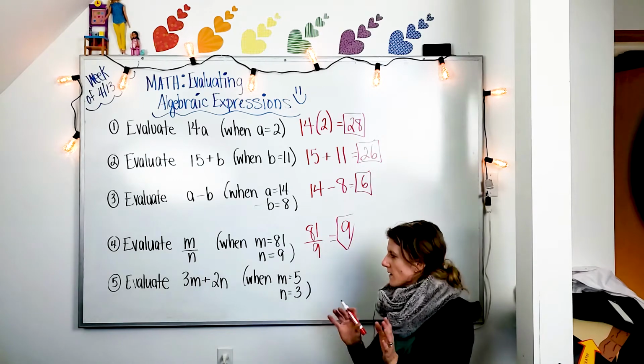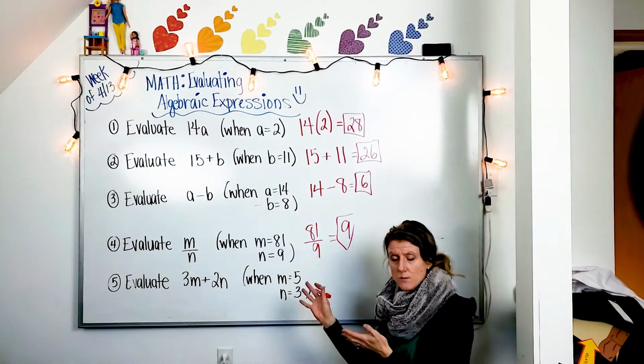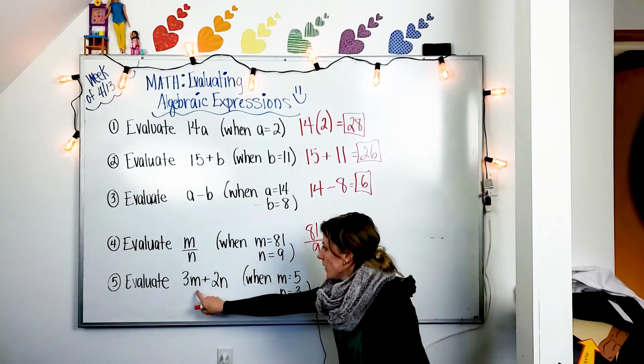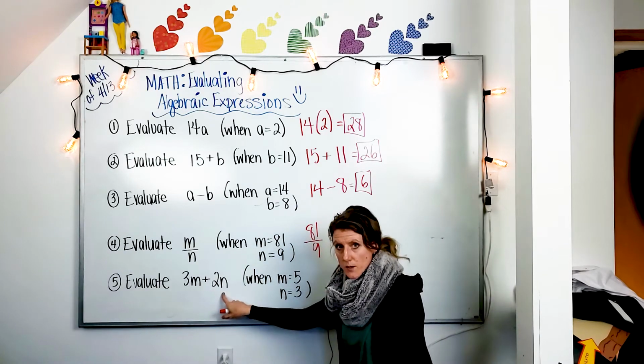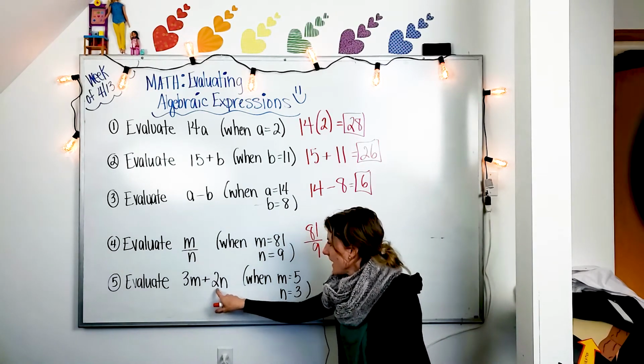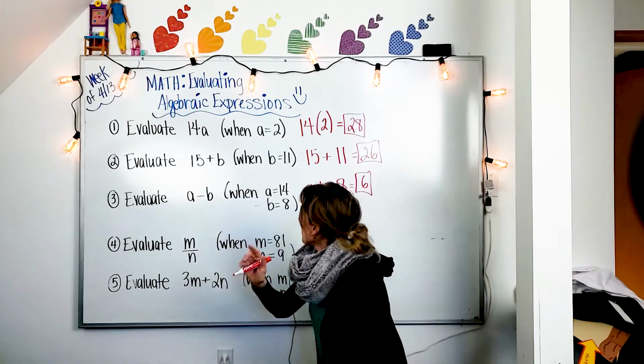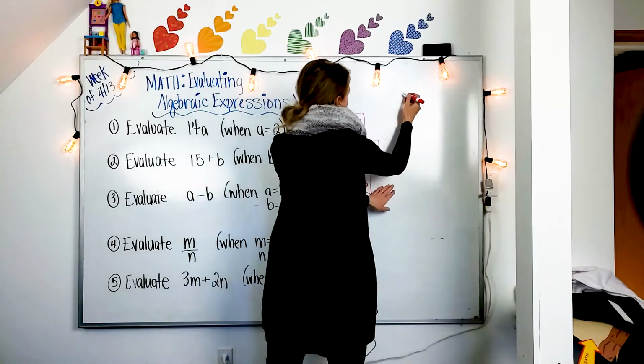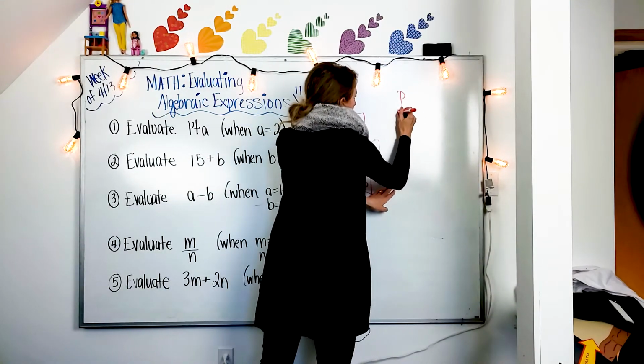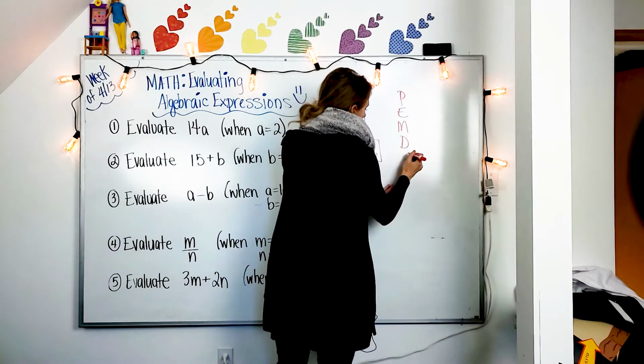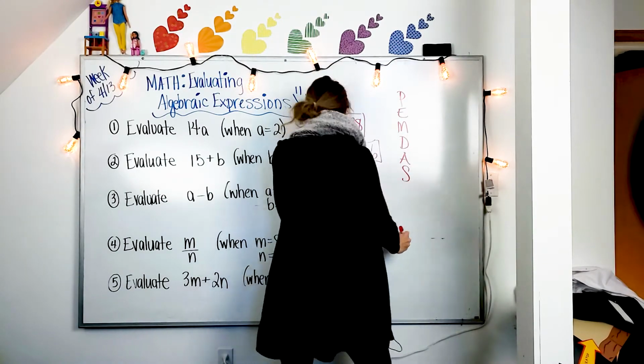We can think about PEMDAS here because that is really what comes into play. We're going to want to deal with the multiplication first and then this addition. I probably should have put that on the board for you guys. I apologize. PEMDAS comes into play for sure with these.